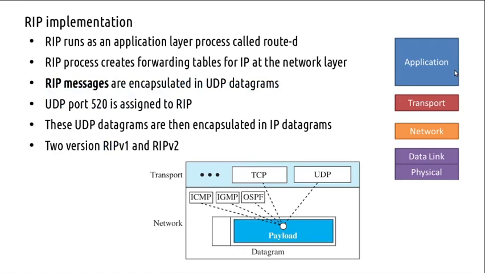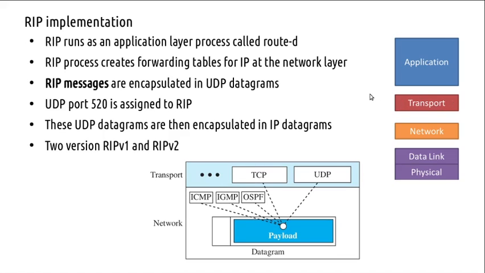And usually this RIP is run as a process in the application layer. It runs as a process in the application layer. If you recollect, this is the TCP/IP protocol suite, and the application layer runs it as a process, and then it is passed on as a UDP datagram. UDP is a protocol within the transport layer.